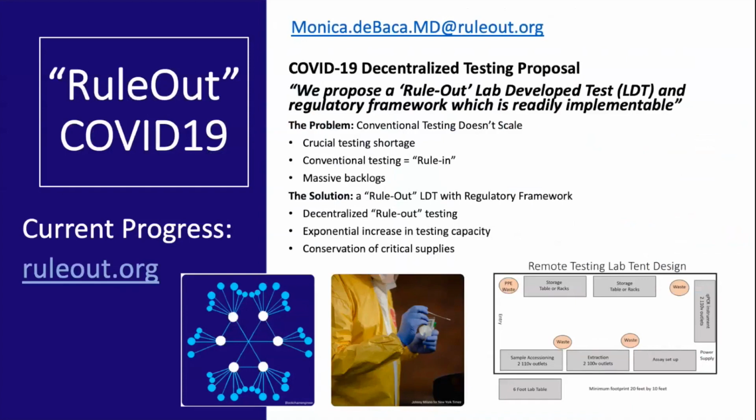Now, this is a very, very unique approach, and I want to explain that. They have a white paper on their website, which is ruleout.org, which is a decentralized testing proposal, assuming certain things, where you could, for example, work with a beehive model where a master beehive remotely accesses multiple decentralized test sites, for enabling multiple tests going on at the same time, but also to enable orthogonal testing, which is a big hurdle.